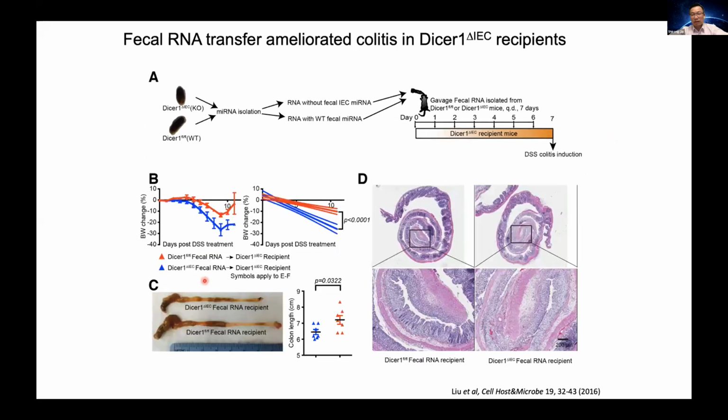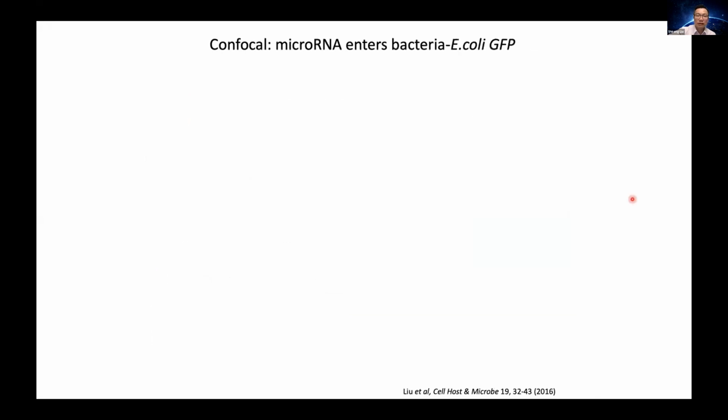And when you induce colitis in this recipient mice, the recipient that received the fecal microRNA from the wild type mice, the disease is less severe. So this is kind of interesting. That means the microRNA is involved in shaping the microbiome.